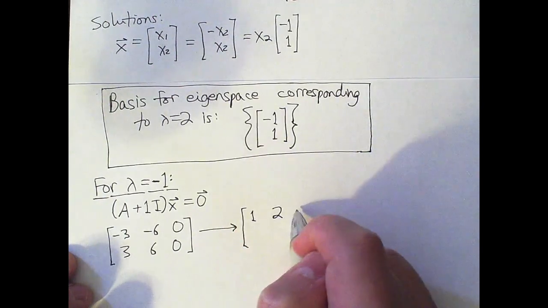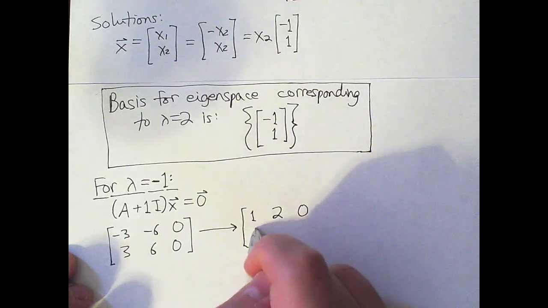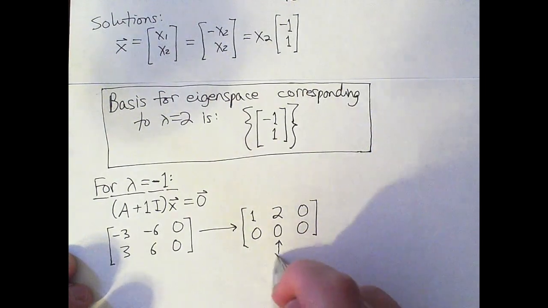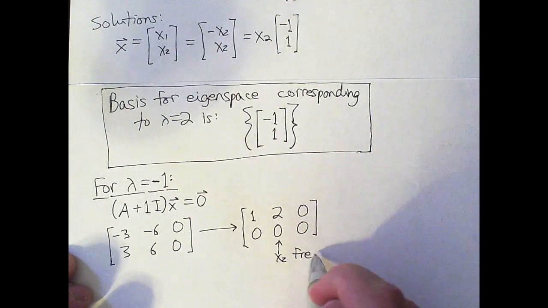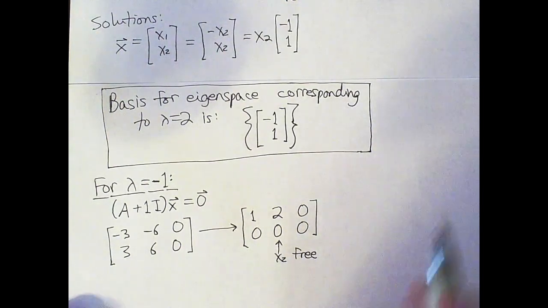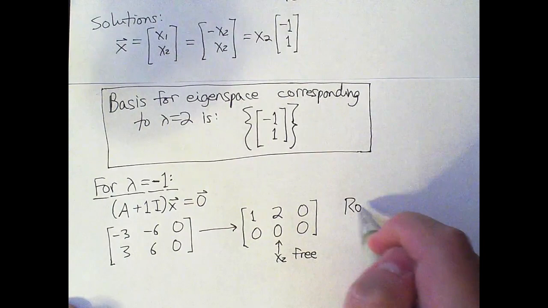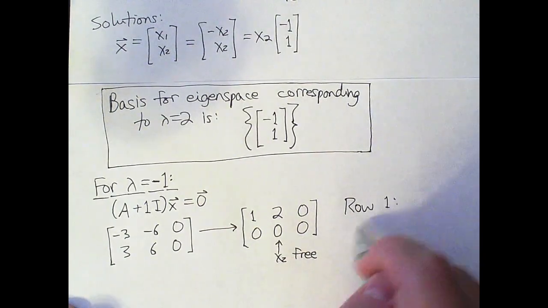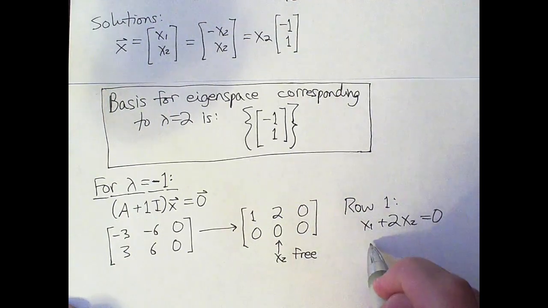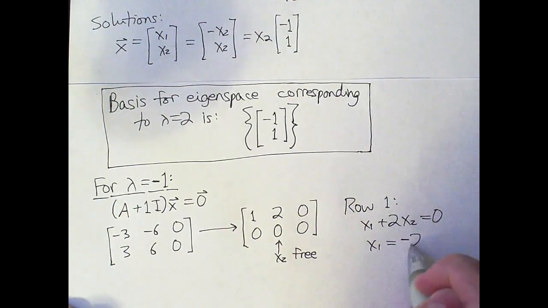It means that row 2 will be all zeros and I'll have a free variable. I guess x2 didn't have to be the free variable; x1 could be free, but we did have to have at least one free variable. Row 1 says x1 plus 2x2 equals 0. So x1 equals -2x2.